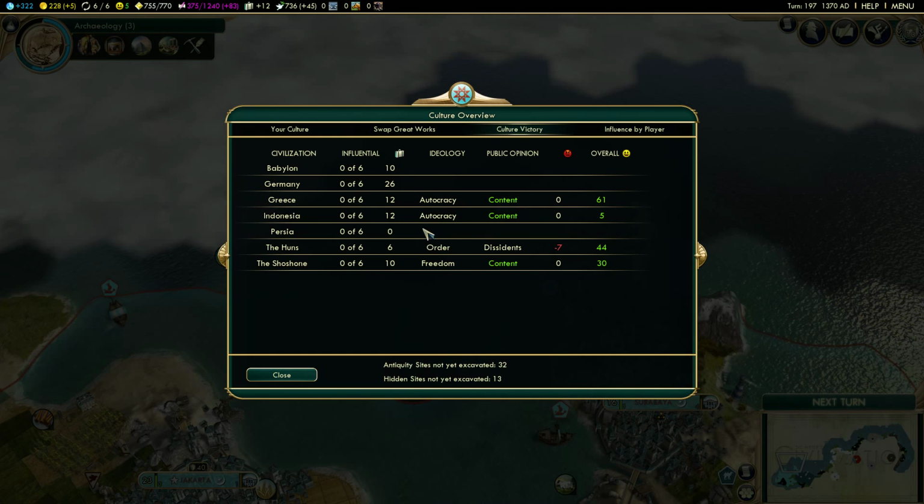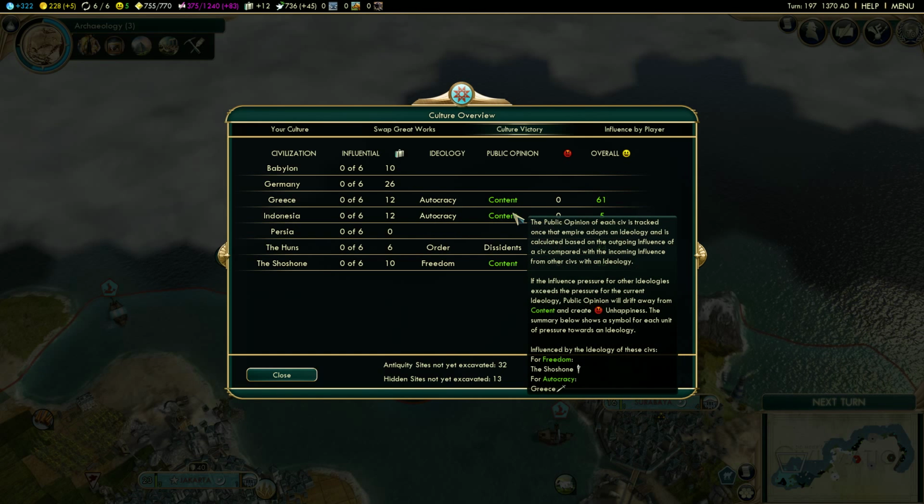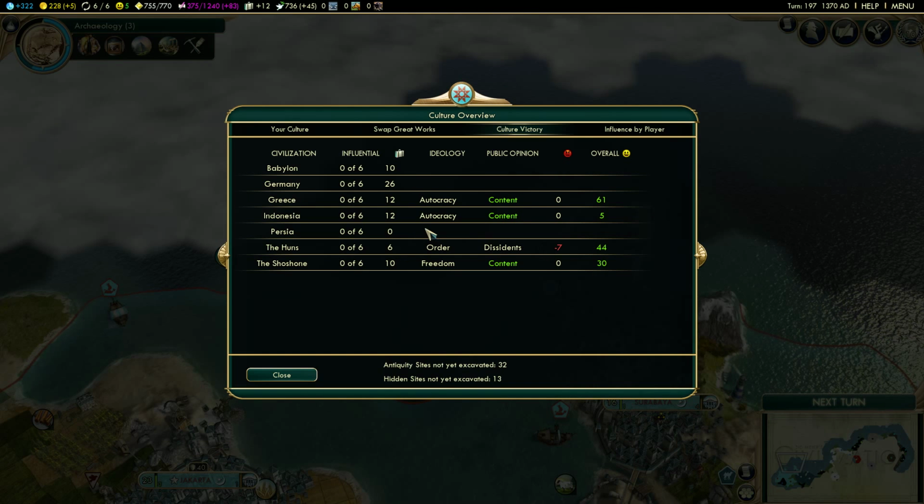And then their pressure is of course added to that of all the autocracy civilizations. So it's not just strength in civ, but it's also strength in numbers. Well, Persia is obviously not going to do anything with 0 tourism, but if it were another civilization with tourism output, that would make quite a difference.